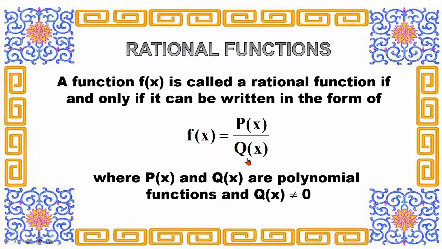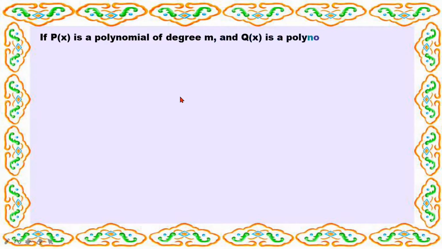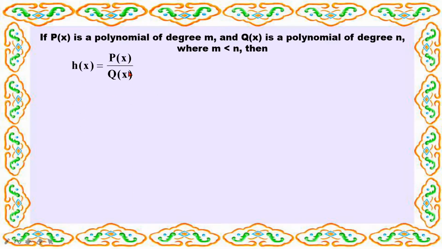There are two types of rational functions. If we have a polynomial with degree m and another polynomial with degree n, and the degree of the polynomial in the numerator is less than the degree of the polynomial in the denominator, then we consider this a proper fractional function.